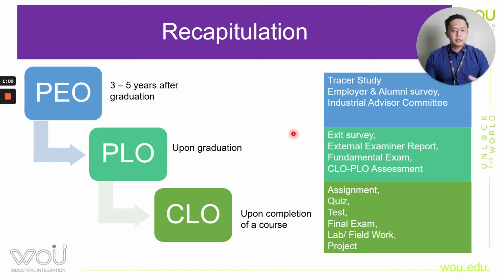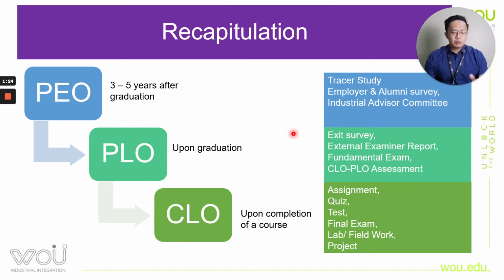So in the previous video, we learned about what's meant by program educational objective, which measures what the students can achieve, or what skills the students can demonstrate, 3 to 5 years after graduating from the program. After that, we also learned about program learning outcome, which is measured upon graduation.